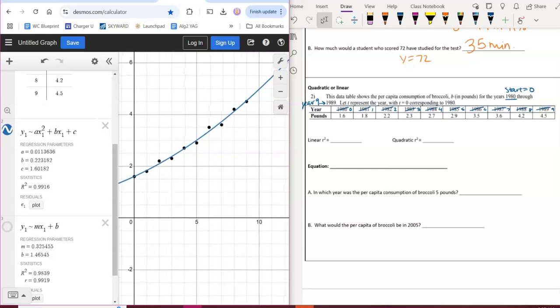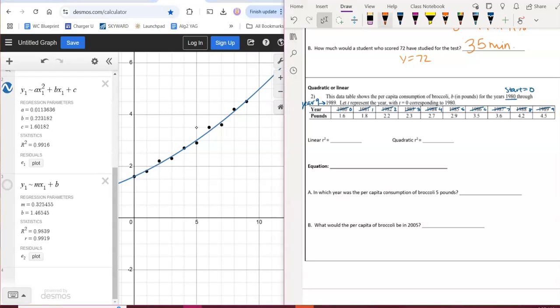So this one is going to be the quadratic equation. Our linear r squared is the number that's listed there, which is 0.9839, and the quadratic r squared is 0.9916.